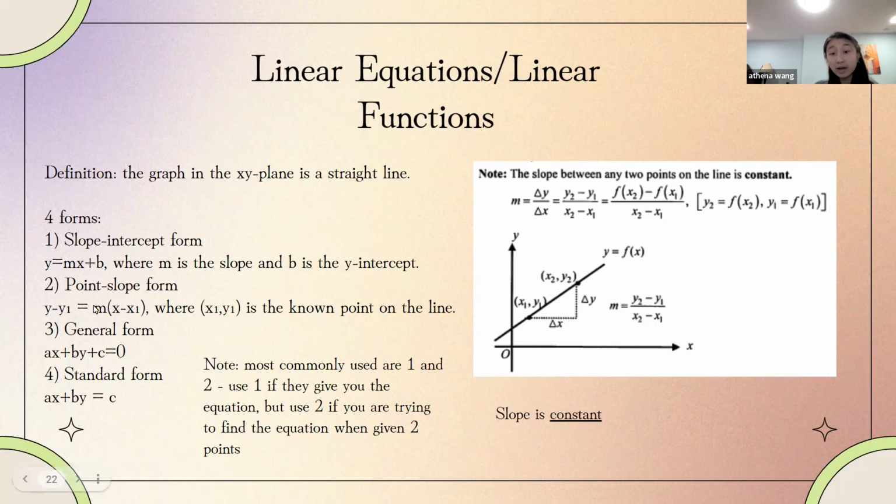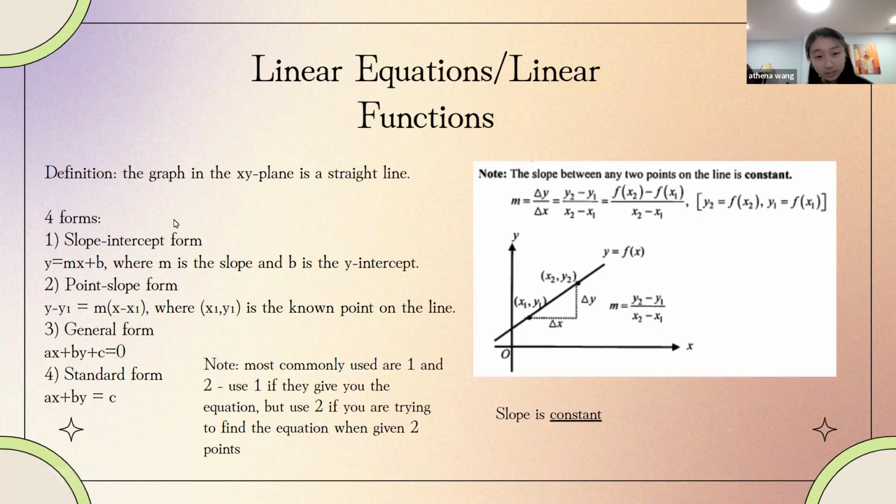In order to find the slope, you need another point on the line, so that's how you can calculate it easily. And you can easily convert from one of these two to the other, because you add y1 on both sides to convert from the point-slope form to the slope-intercept form.